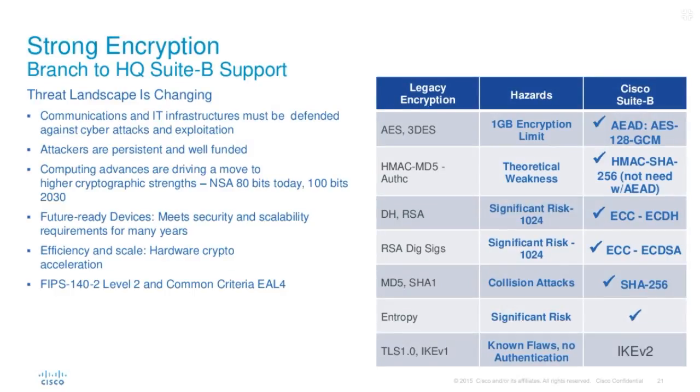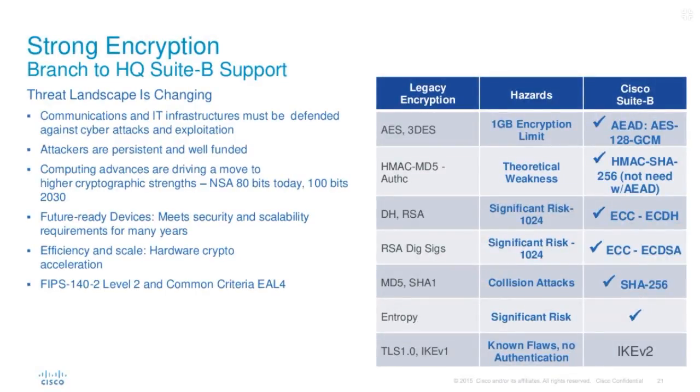And they look for what's been broken, both from a practical standpoint with real-world exploits and theoretical problems. Are they theoretically broken just in terms of that crypto mechanism that's being used? So the recommendation here is to move towards a strong Suite B support with all of these different components.